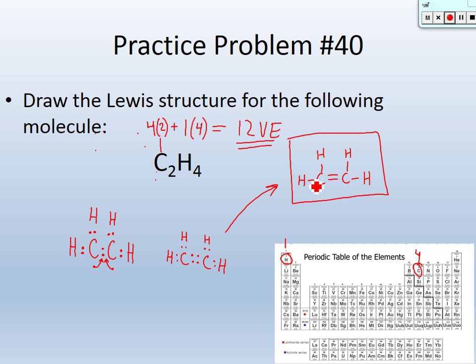Hydrogen wants 1 or 2 electrons, so each line, it's obeying the octet rule on each of these. Now the carbon wants 8, so there's 2, 4, 6, 8. This carbon feels like it has 8. Let's check this carbon. 2, 4, 6, 8. And so yeah, everyone's obeying the octet rule, and we've accounted for all valence electrons, and that's what would be the answer for practice problem number 40.